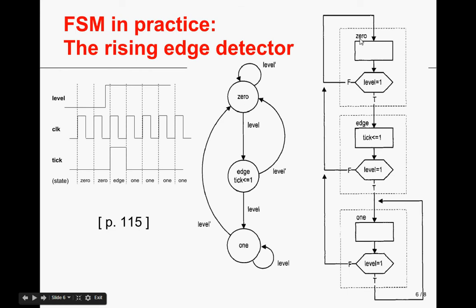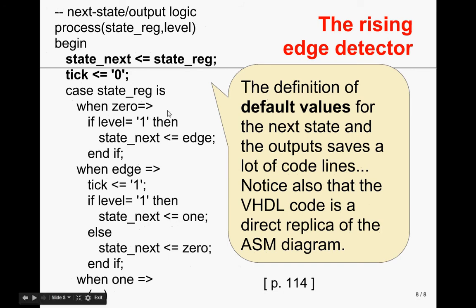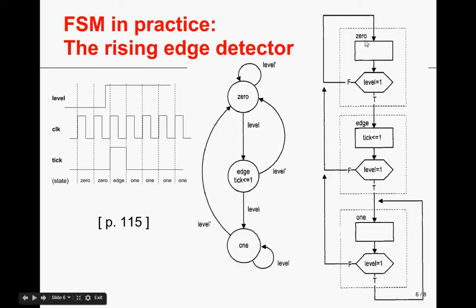So for case, if we look at the VHDL description, we may say case state reg is when 0 or when edge or when 1, and we list it for all the existing states. And when 0, what we will say is when the current state is 0, then what we have to do is simply a decision point and ask if level is equal to 1, then the next state will be edge.